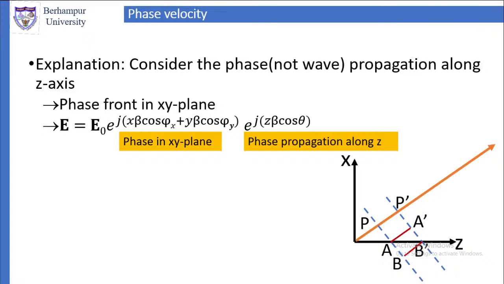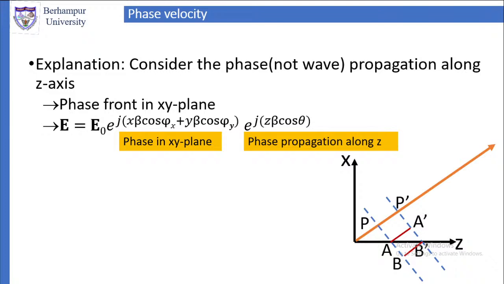It is moving along the orange arrow, which shows the direction of propagation of the wave. PAB is the cross section of the phase front, crossing the z-axis at the point A. Then the phase front moves along the orange line.